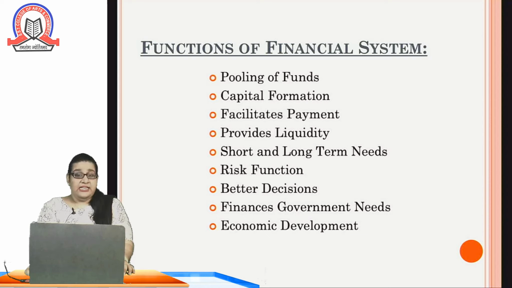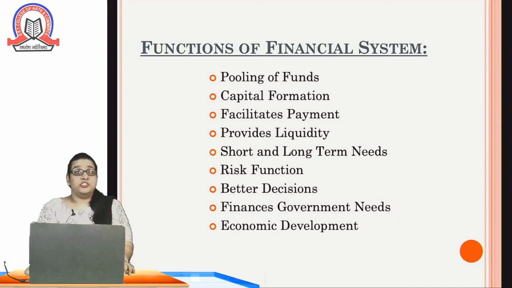And then next is better decision. When there is a good financial system in any country, it helps us in making better decisions. We can invest in any financial instruments according to our needs, our convenience, our budget, etc. Then next, finances government needs.